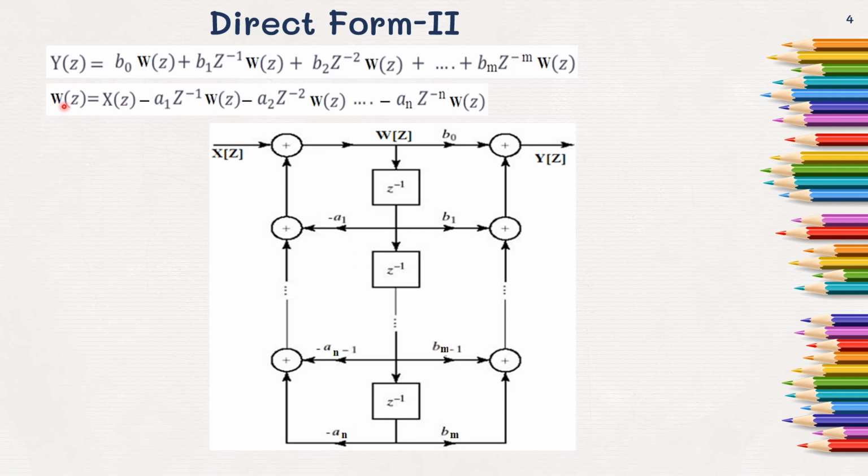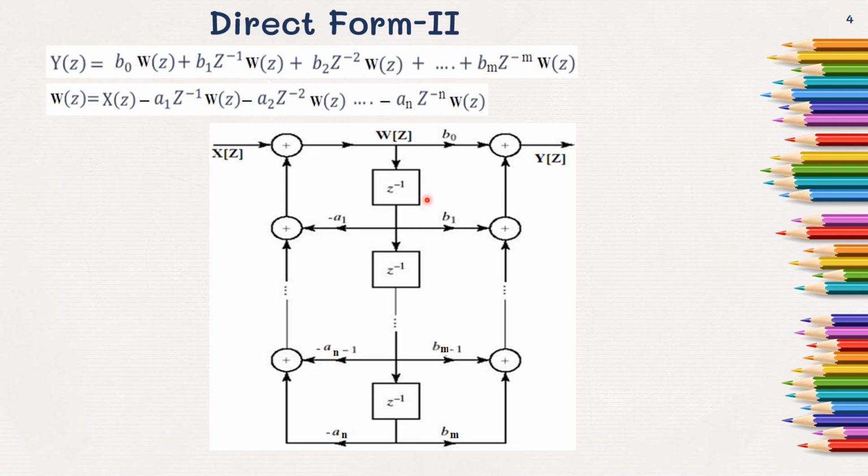Similarly, the implementation of the second equation is on the input side. See here, X of z directly, and here the value is 1. And what about this term? It is W of z into z power minus 1 into minus a1. Finally, the value here is z power minus n into minus an. You get the expression for W of z with a sequence of adders.